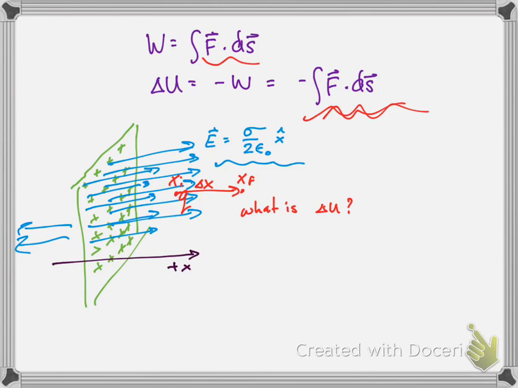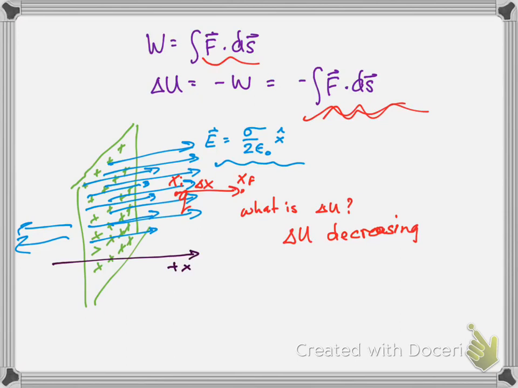You can stop and think about it, but the answer is the potential energy should be decreasing as we move farther away from the sheet, because that's the direction a positive test charge would want to move. It moves along field lines, and potential energy for a positive test charge decreases along field lines. A negative test charge would decrease opposite field lines.